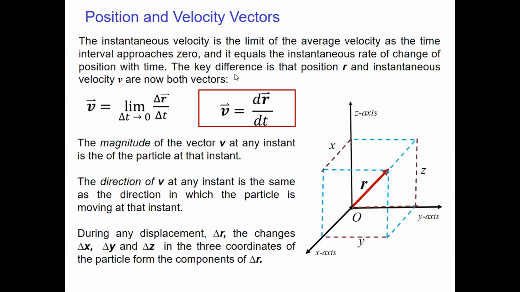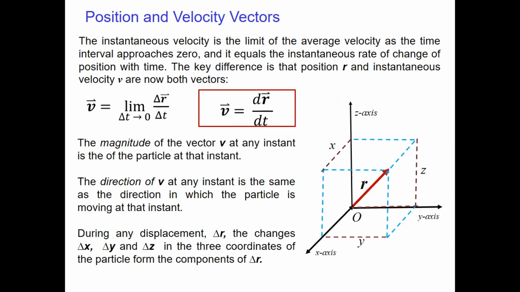The key difference is that the position r and the instantaneous velocity are both vectors, and the limiting case is delta t going to zero for the delta r divided by delta t ratio. This is the definition of the first derivative. Therefore, velocity is the first derivative of displacement vector r.